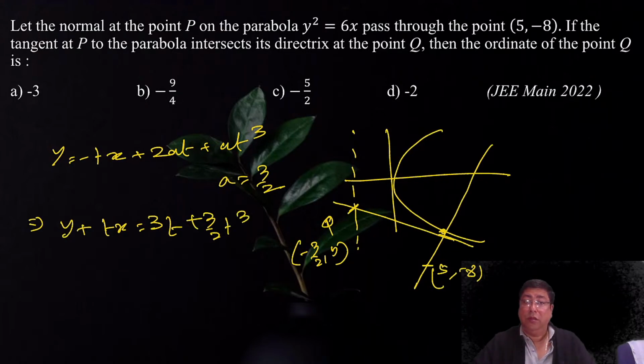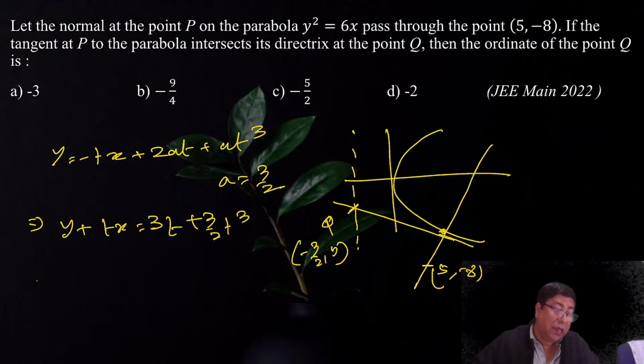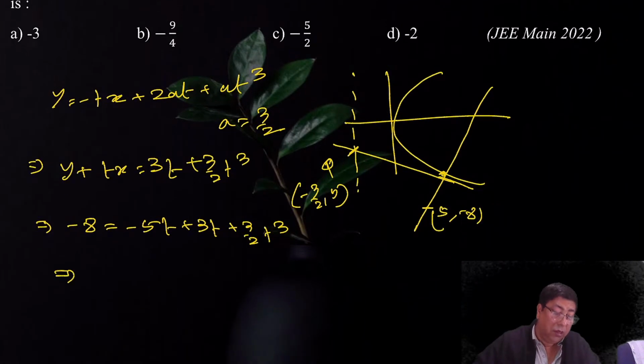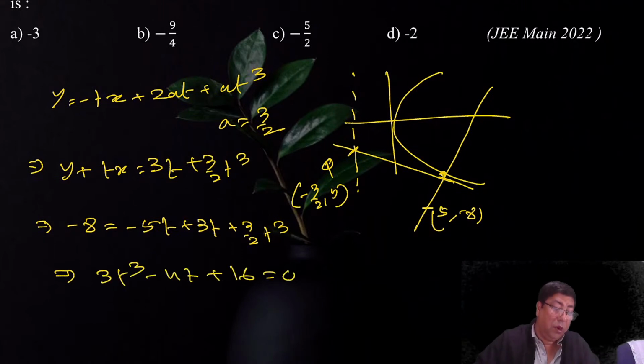Okay, some calculation is needed to solve this type of sums. So we are getting here minus 8 equal to minus 5t plus 3t plus 3 by 2 t cube. Therefore, we can write this as 3t cube minus 4t plus 16 equal to 0.